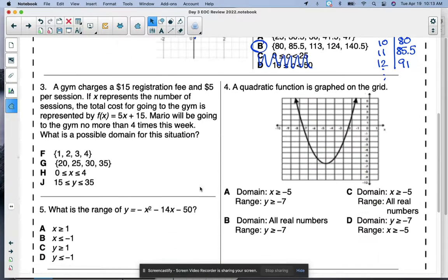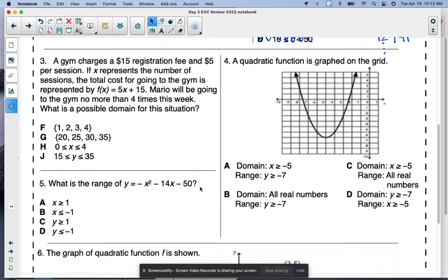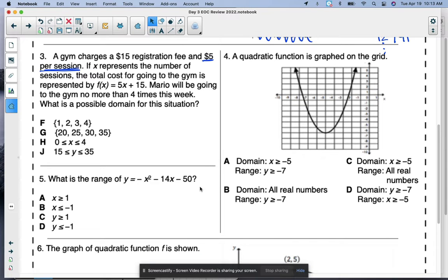Let's look at number 3, and number 3 is kind of similar. So here, what we're looking at is a gym that charges a $15 registration fee and $5 per session. So I'm paying $5 for the entire session, not part of it, not more than that, per session. So if X represents the number of sessions, and the total cost for going to the gym is represented by the equation, if Mario will be going no more than 4 times this week, what is a possible domain for the situation?